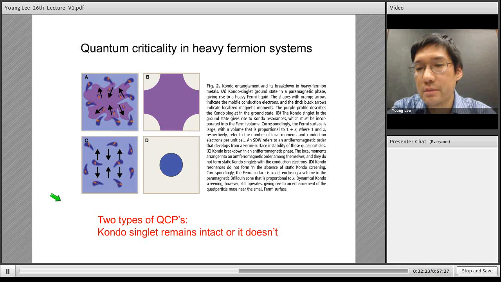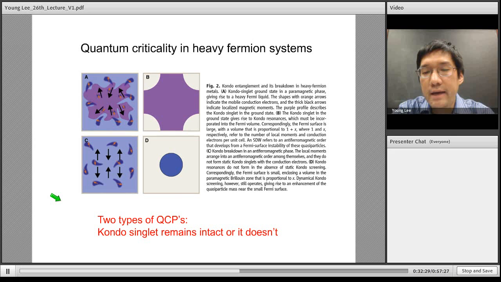What are some of the basic ingredients in these heavy fermion materials? What you have are some elements that have partially filled f electrons, and they are on a crystal lattice, in a sea of conduction electrons.